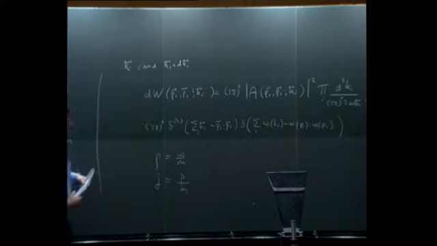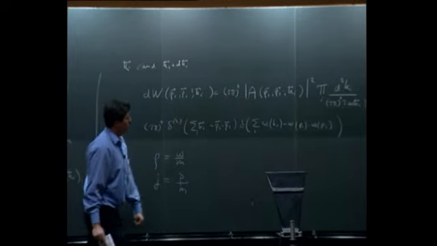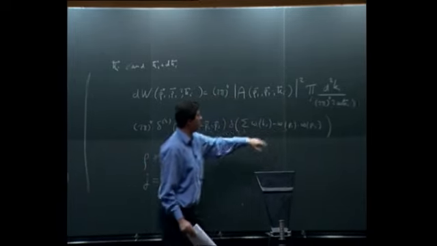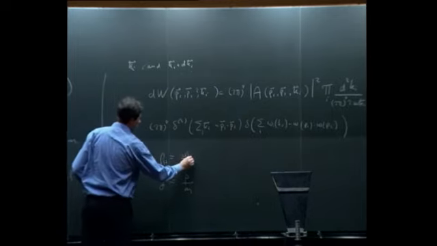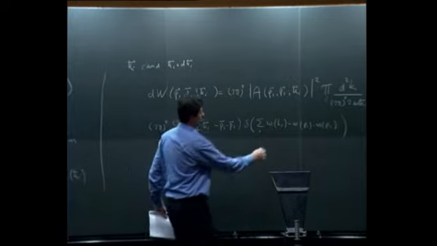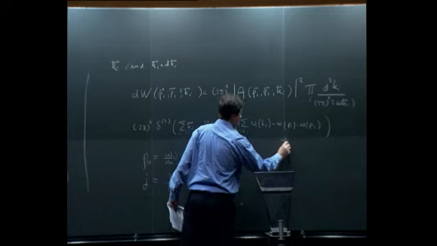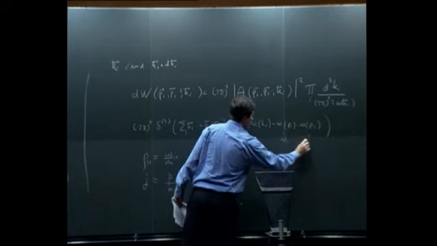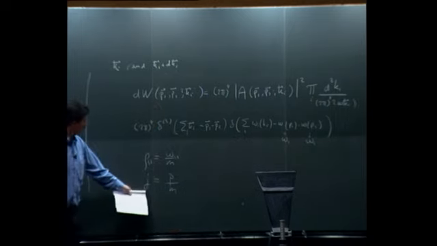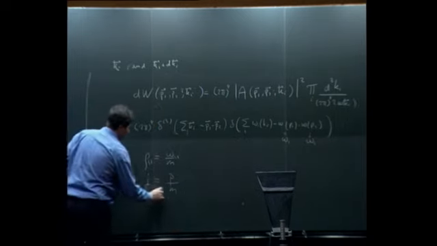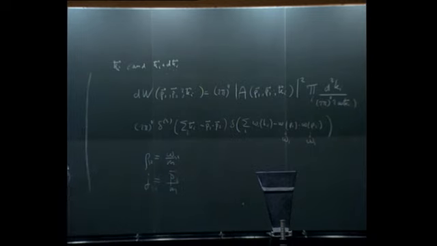In this case, I have to worry about the incoming and outgoing momentum for the first and the second particle. So I have two densities, rho 1 and rho 2, depending on the frequencies omega 1 and omega 2. Similarly, I have a current J for the two particles, which depend on their momenta P1 and P2.